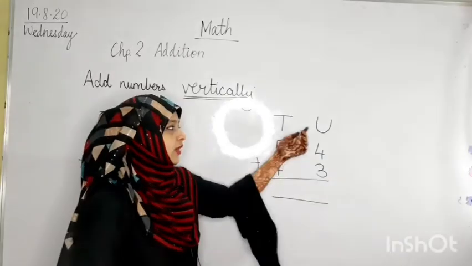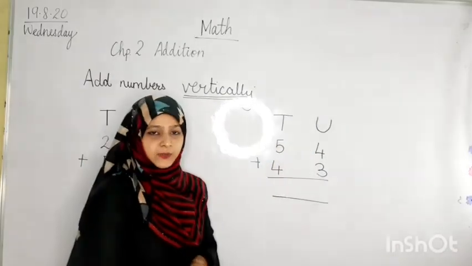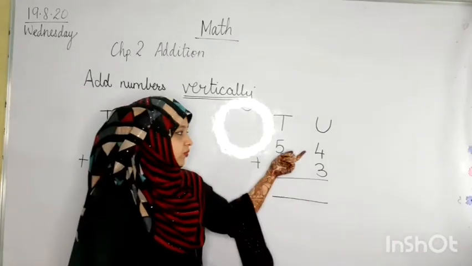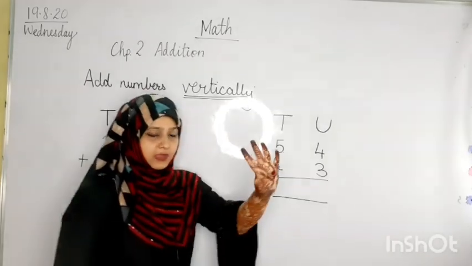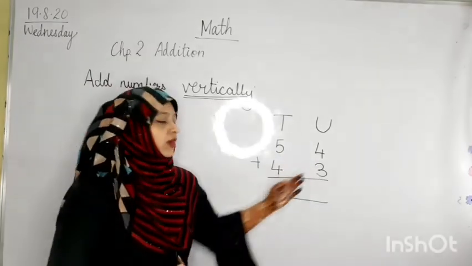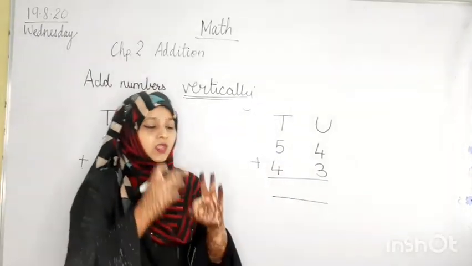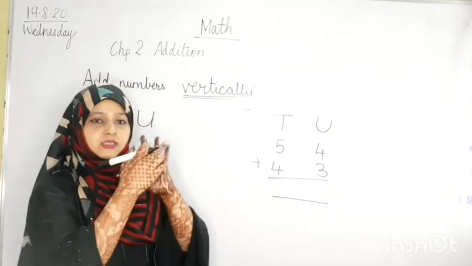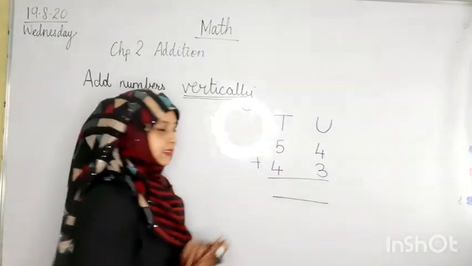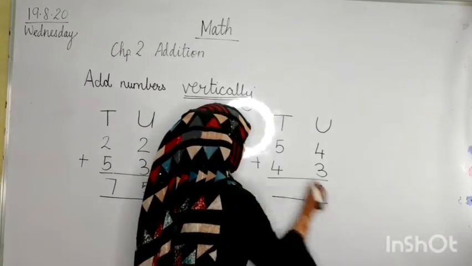Yes, we are going to add the numbers in the units place first. So the numbers are 4 and 3. We are going to keep 4 in my mind and 3 on my fingers. After 4 I am going to start counting 5, 6, 7. So 4 plus 3 gives me the answer 7.